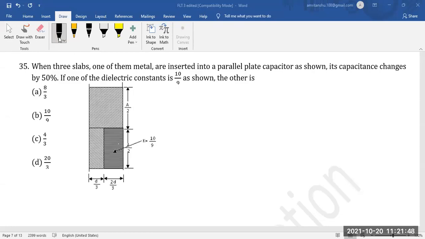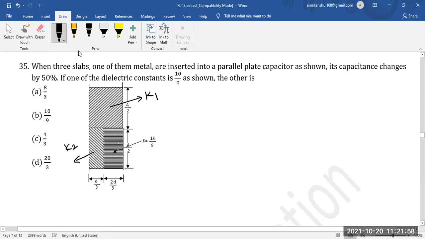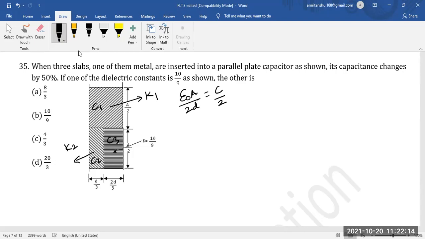So in this question, let's say a capacitor has dielectric constant K1 for this part and K2 for this. When we consider this as a capacitor, it will be epsilon naught A by 2 into D, which happens to be C by 2. So this is C1, this is C2, and this is C3. C1 is C by 2.